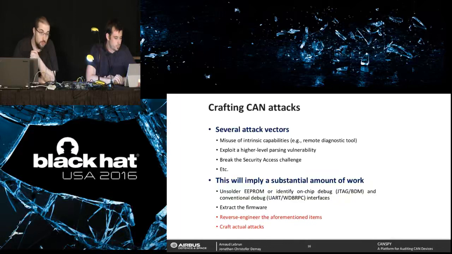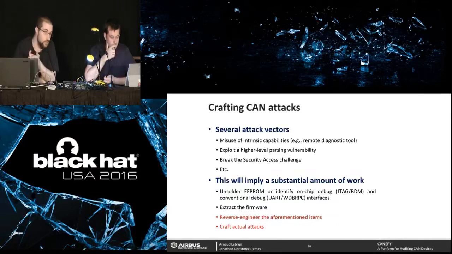First, it was simply using the own capabilities of an ECU. For example, a remote diagnostic ECU, by definition, has the ability to remotely send frames that will be forwarded across multiple buses.